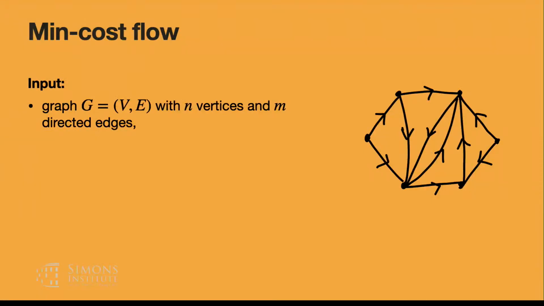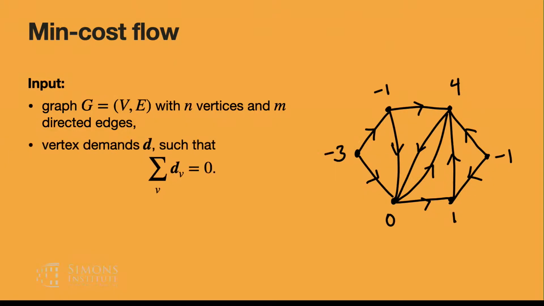So let's begin with the basic definitions. I know everyone here is an expert already, but just to start us off, we'll define the min cost flow problem. For this problem, as input, we're given a graph G with n vertices and m directed edges. We have vertex demands, and these demands add up to 0.